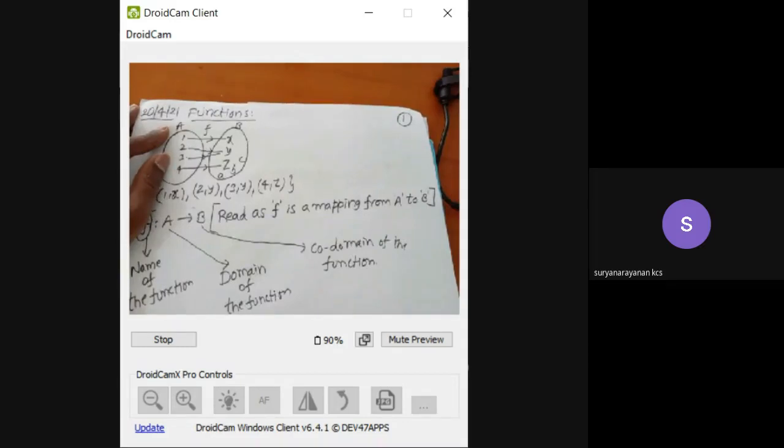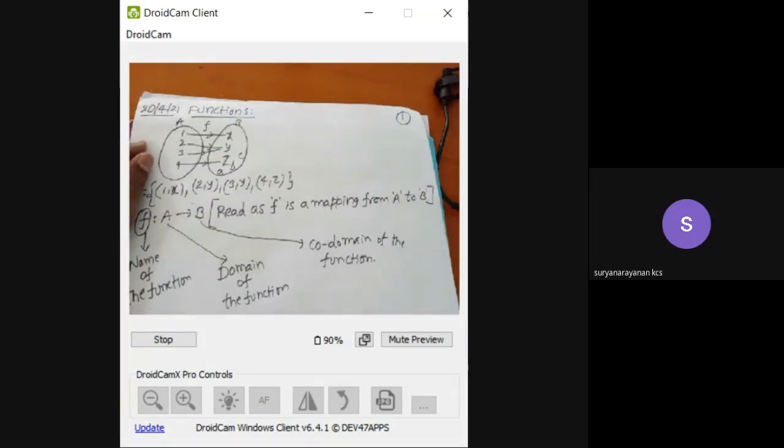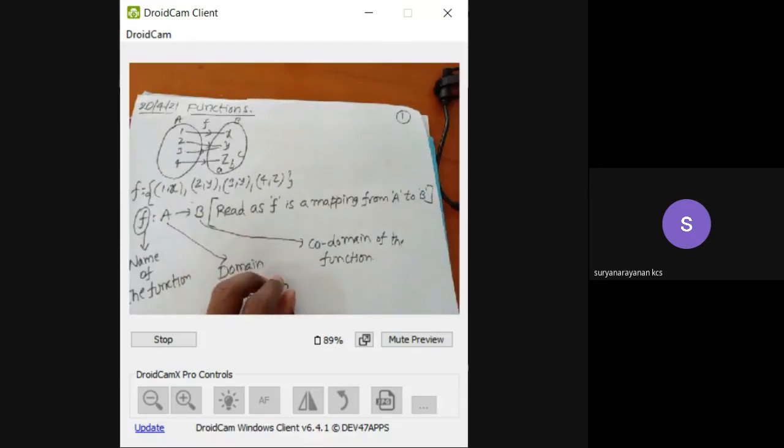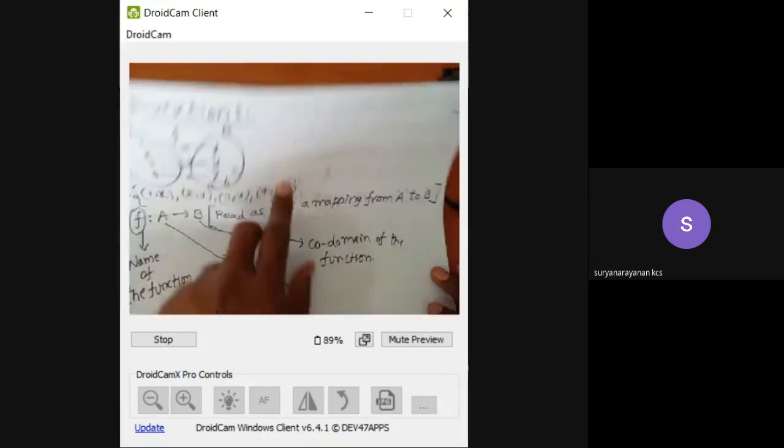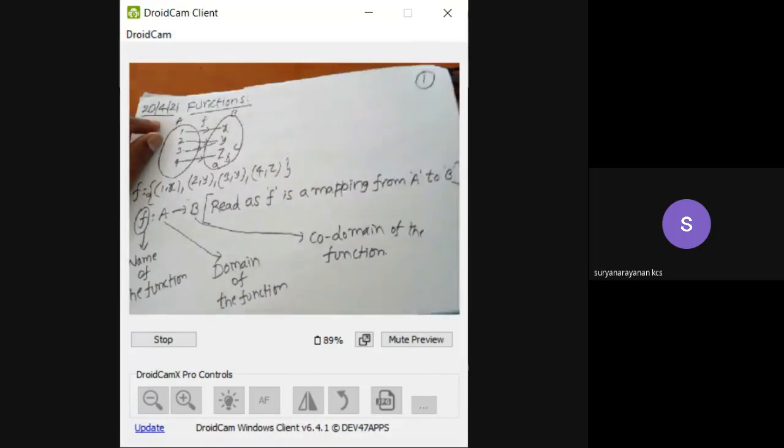Yashwantram, are you watching the screen or not? Yes, sir. What I wrote here, tell me. How do you read this notation? You should learn this point. Yashwantram, tell me.